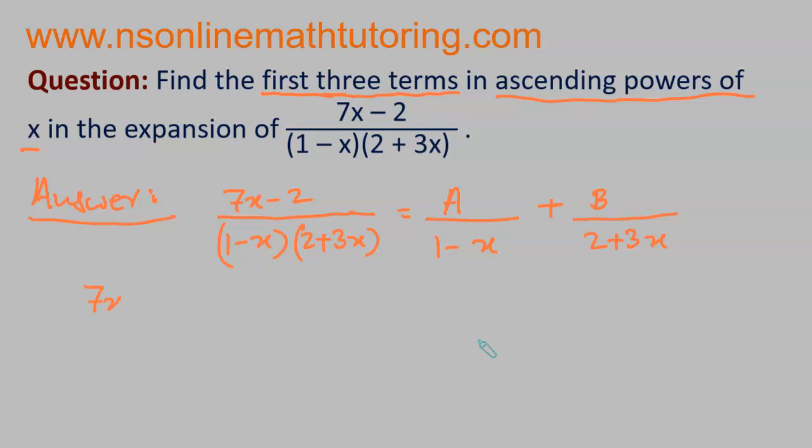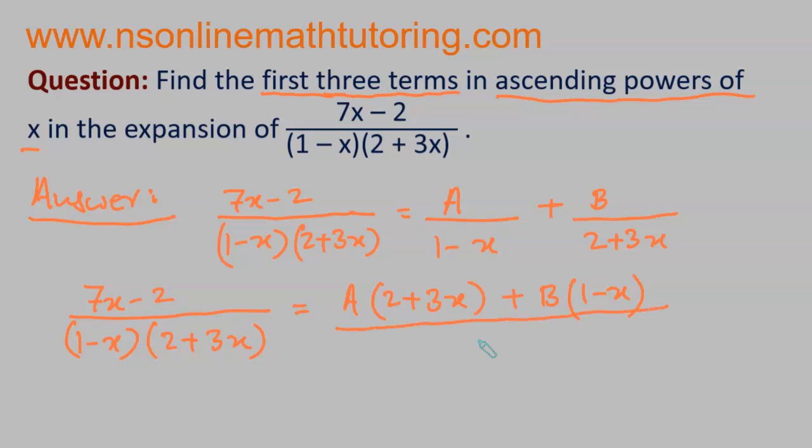So this is 7x minus 2 over 1 minus x and 2 plus 3x equal to a times 2 plus 3x plus b times 1 minus x over 2 plus 3x times 1 minus x, or 1 minus x times 2 plus 3x. Doesn't matter which one I am writing first.